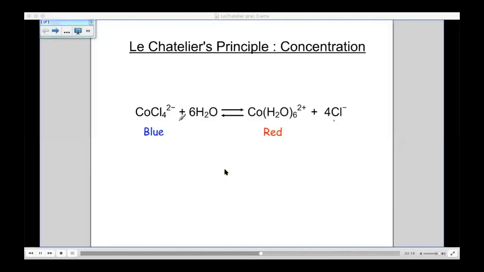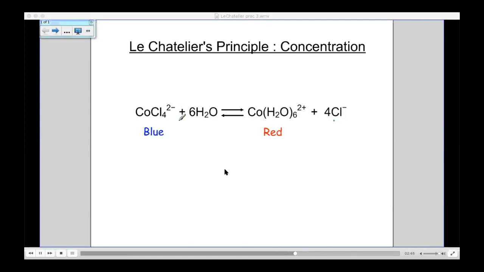Now coming back to our equation, if our solution is blue and we have a high concentration of CoCl4 2- ions, and we add water to it, then according to Le Chatelier's principle, the stress is an increase in the H2O.